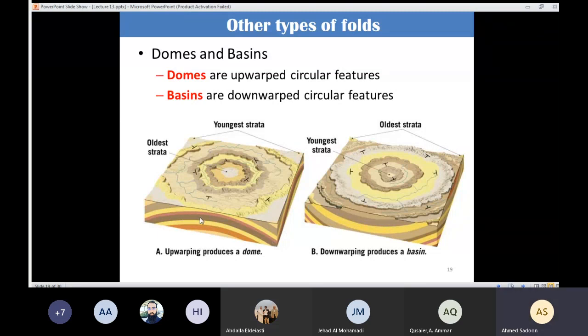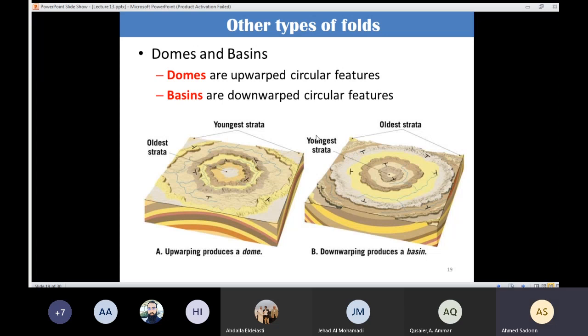Of course, if you have anticlines, the layers here are going to be the oldest strata, and on the sides, you are going to have the youngest strata. While in this case, where you have synclines, the layers in the middle are going to be the youngest strata, while the ones on the sides are going to be the oldest strata.